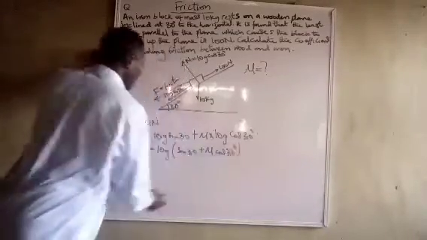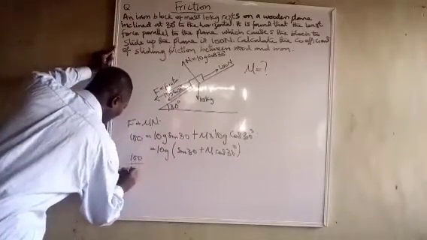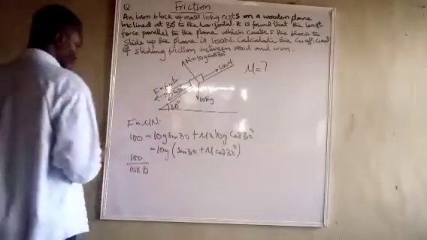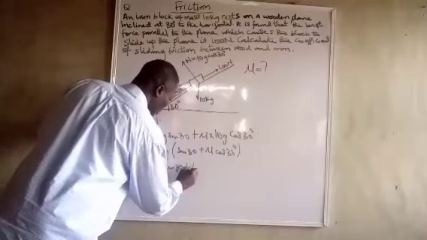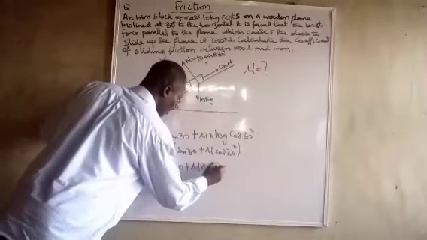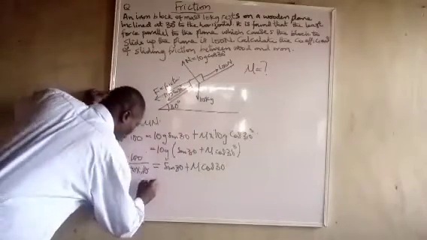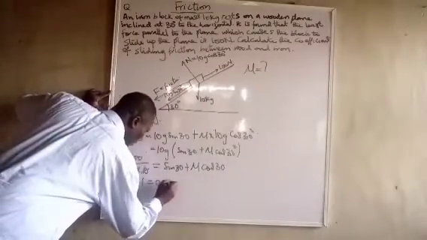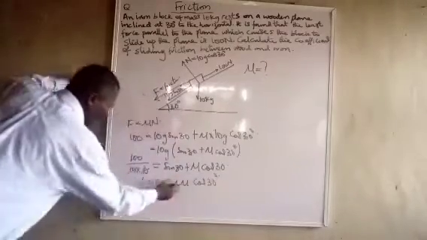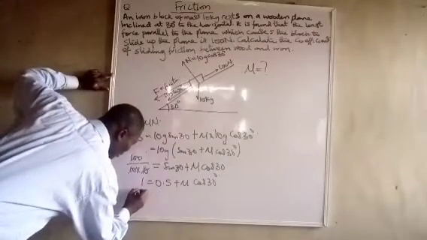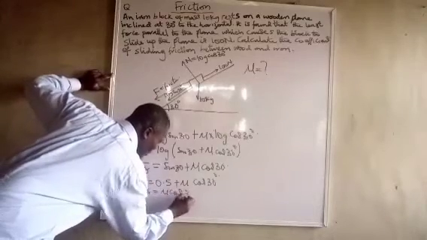So we can still work this out. I say 100 over 10 as 10 will be equal to sin 30 plus mu cos 30. And you can see this one is equal to 1. So 1 equals 0.5 plus mu cos 30 degrees. And this is going to give us 0.5 is equal to mu cos 30.